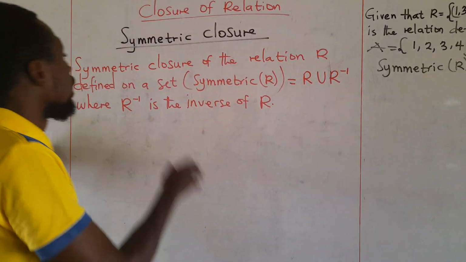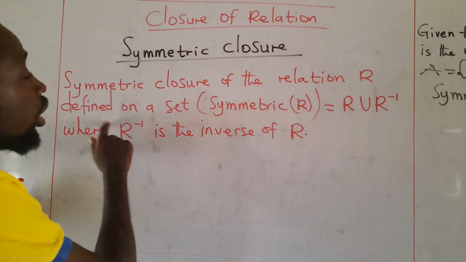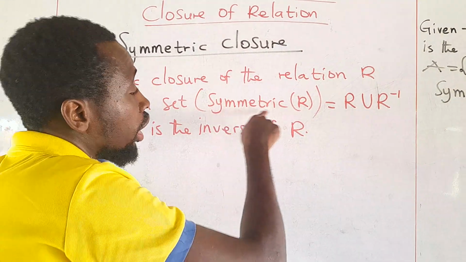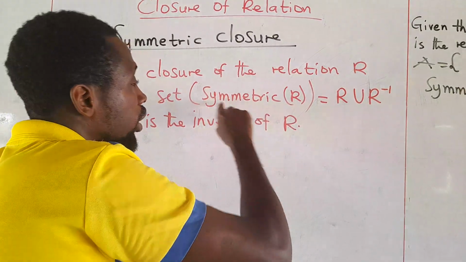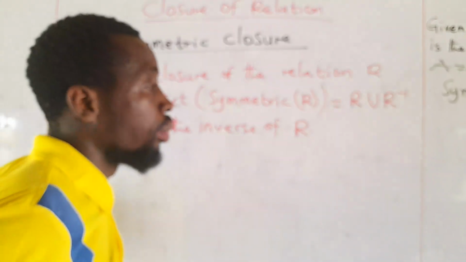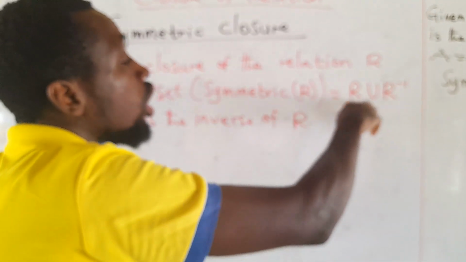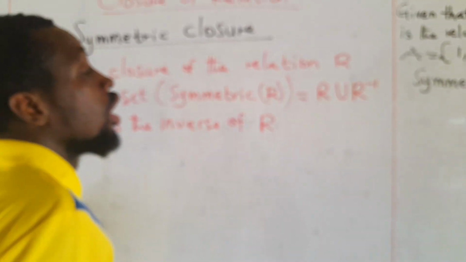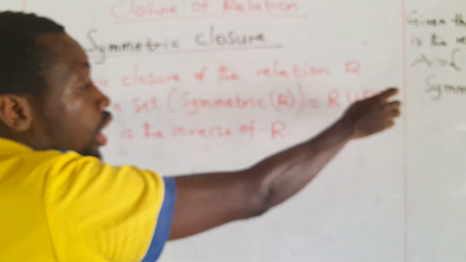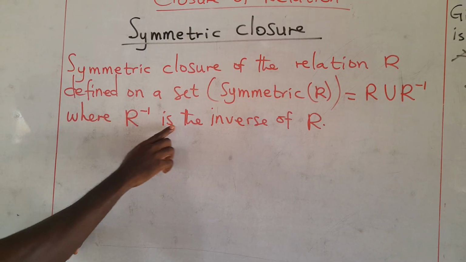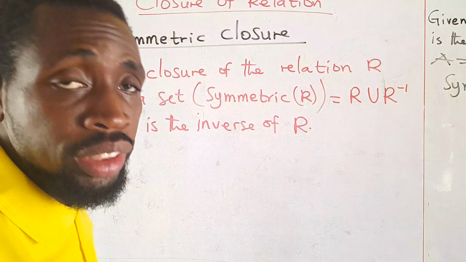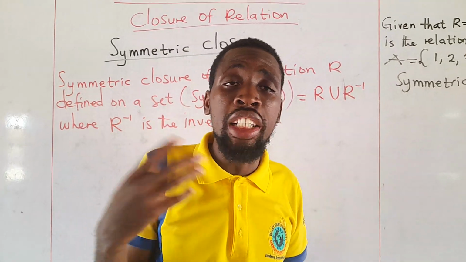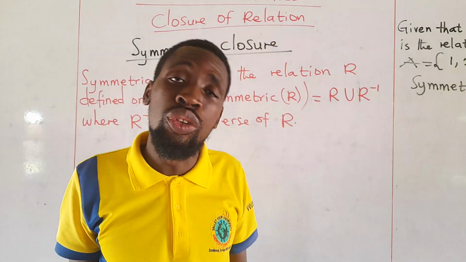So we said that the symmetric closure of a relation R defined on a set is written as symmetric into bracket R. It is equal to the relation R union R exponent negative 1, and R exponent negative 1 is the inverse of R. Please check out my videos on how to find the inverse of a relation on YouTube.